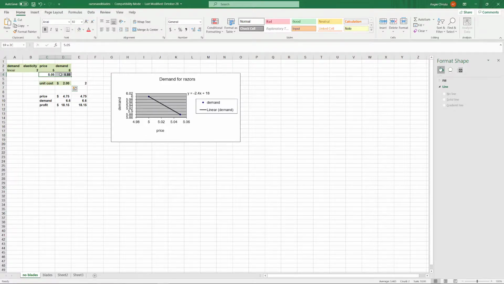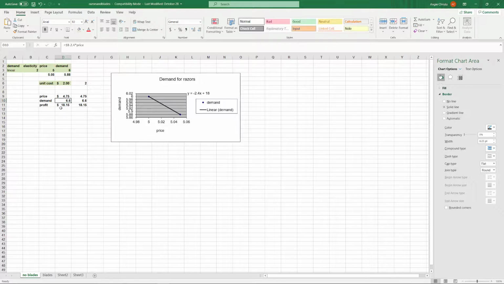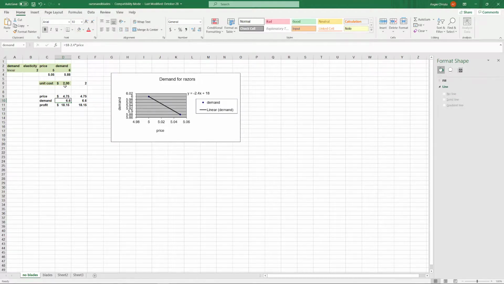So we found this, we calculated this to find the demand, right? And we also calculated the profit. So just by having this, say this will be our price, and we can, let's say, put the 5 here. This is just a value we start with.